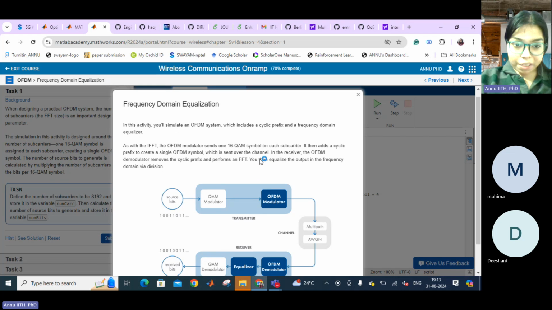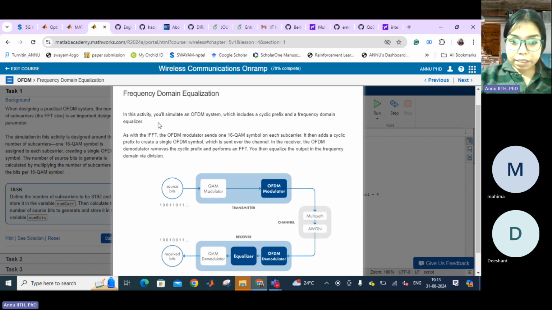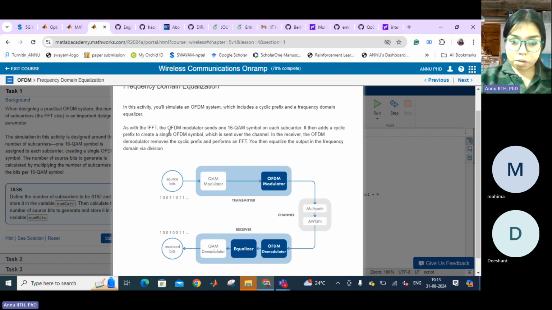So, frequency domain equalization. In this activity, we will simulate an OFDM symbol that already has a cyclic prefix, and a frequency domain equalizer. As with the IFFT, the OFDM modulator sends a 16-QAM symbol on each subcarrier. So understand this. Suppose we have 1200 subcarriers in case of LTE. In one subcarrier, we will have a 16-QAM symbol.